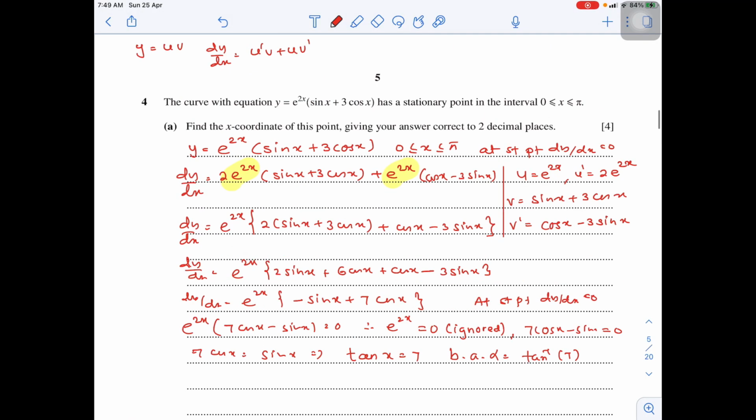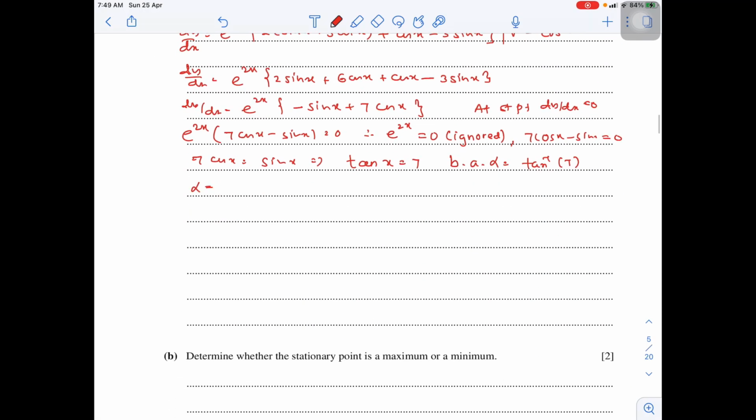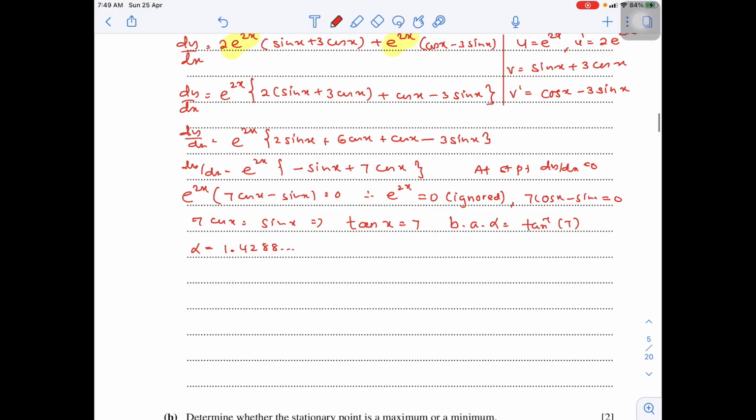Now the basic angle alpha is tan inverse 7. So tan inverse 7 is 1.42... Remember to change your calculator to radian mode before you calculate, because the range is in radians. So alpha is 1.4288... and the range is only 0 to pi.